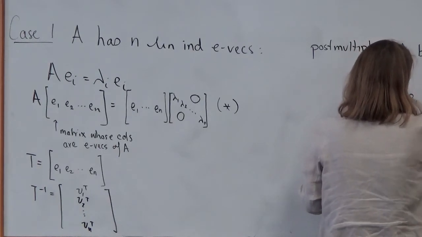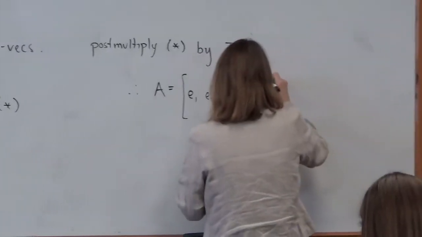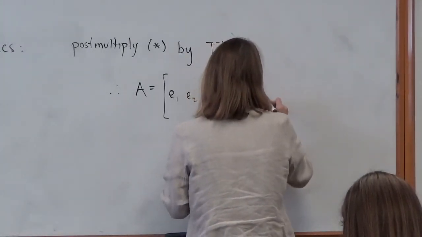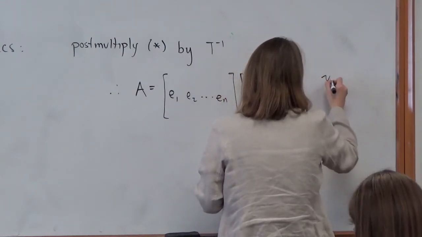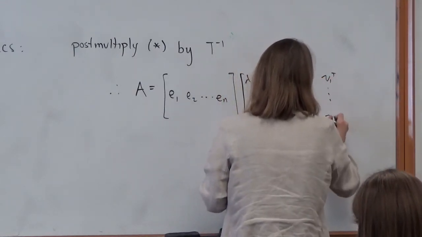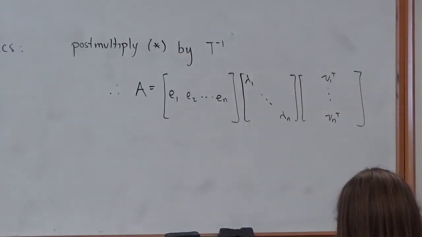Here's my matrix T. And here's my diagonal matrix. I'll stop writing zeros. And here's my T inverse written in terms of its rows. Okay, so now I look at that.